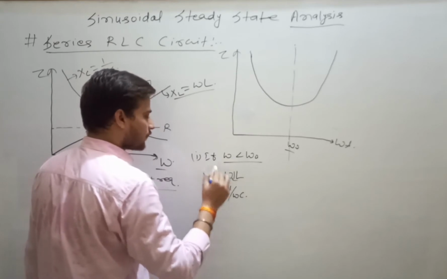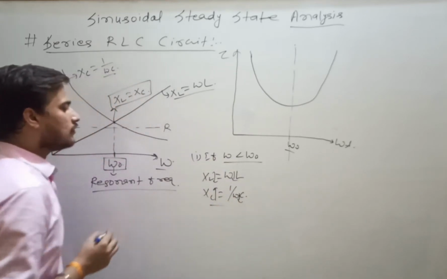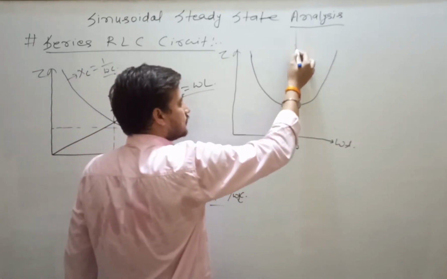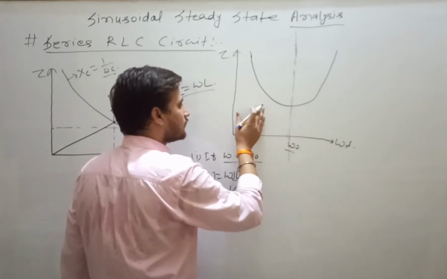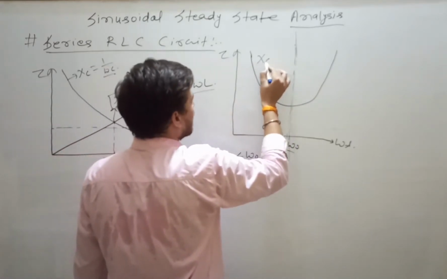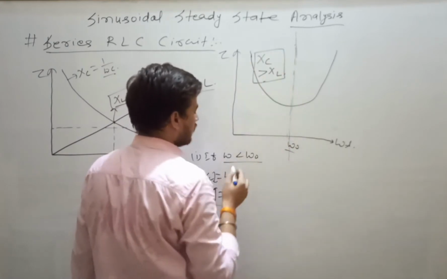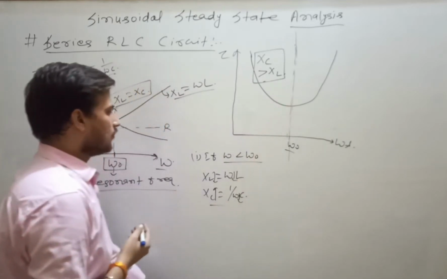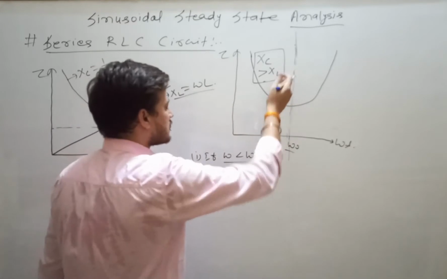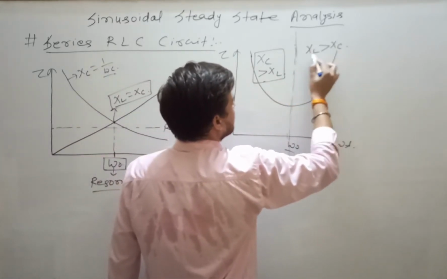XL will be less, but at the same time XC will be more. That means in the left part of this axis, you will see XC is greater than XL. But in the right part of omega naught, you will see XL is greater than XC.